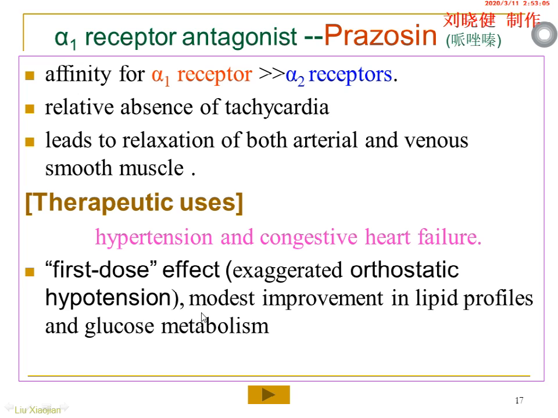It also has a modest improvement in lipid profiles and glucose metabolism. This result is very good for patients with hypertension and congestive heart failure. Because many patients with hypertension or heart failure, cardiac disease, may have some problems of lipid or glucose, like diabetes.